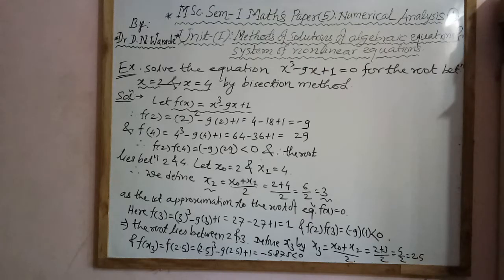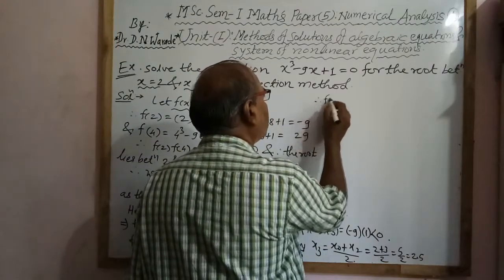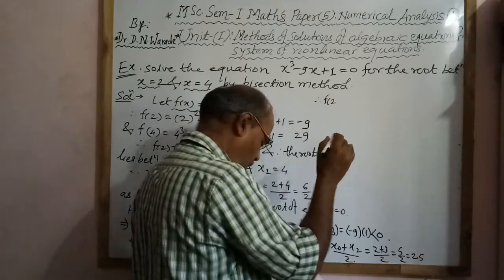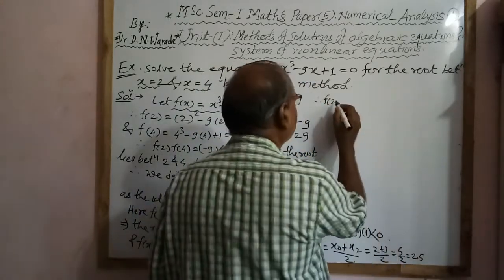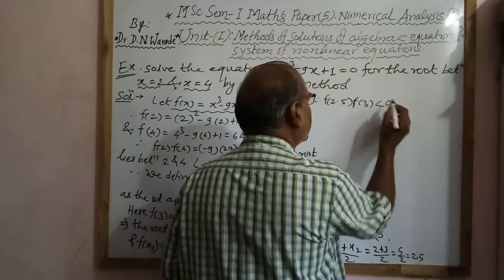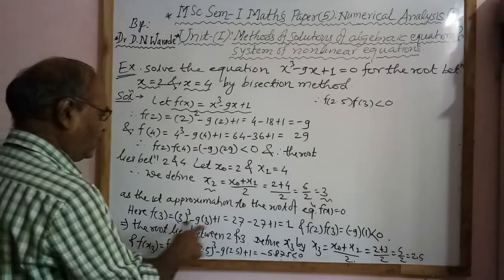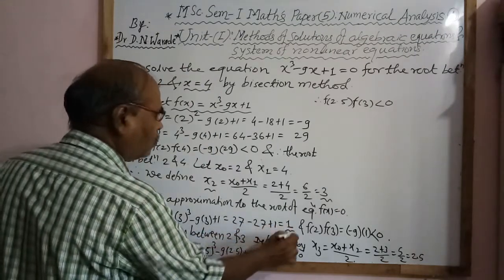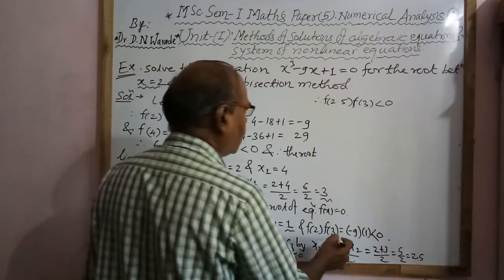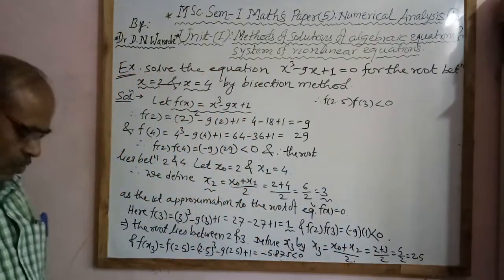Now, the product of f of 2.5 and f of 3 is negative, because f of 3 is positive, 1, and f of x3 is negative. Therefore the product is less than 0.